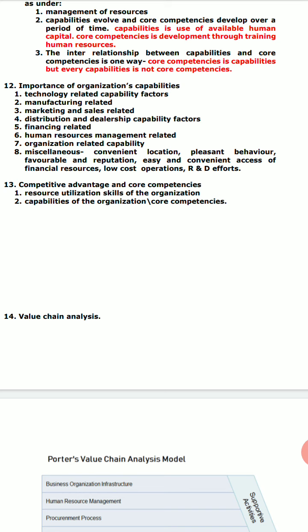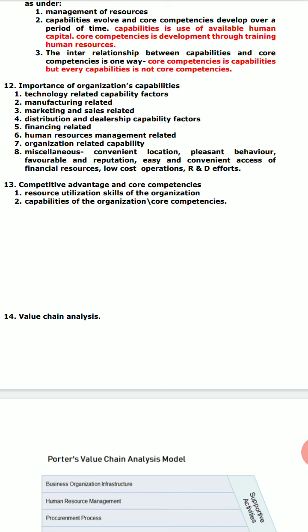Now we are moving towards the importance of organizational capabilities, right? See, the organizational capabilities, as we know, are unique to the organization as compared to the other competitive organizations. Now this uniqueness can be considered in terms of a unique organizational structure. It may be the non-human resources, or maybe the human capital at times.